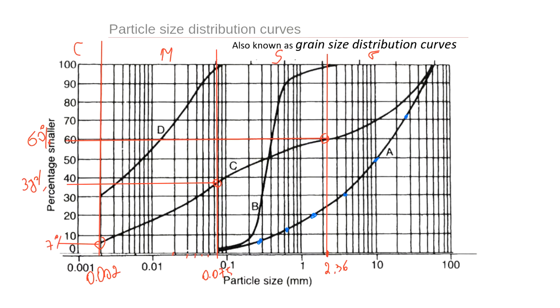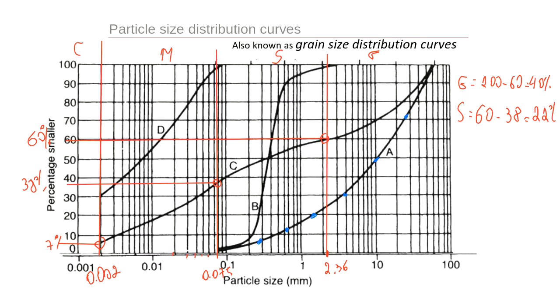Okay, so now we calculate. Gravel is 100 minus 60, 40%, right? Then sand, we started with 60 minus 38. It's about 22, right? 22%.